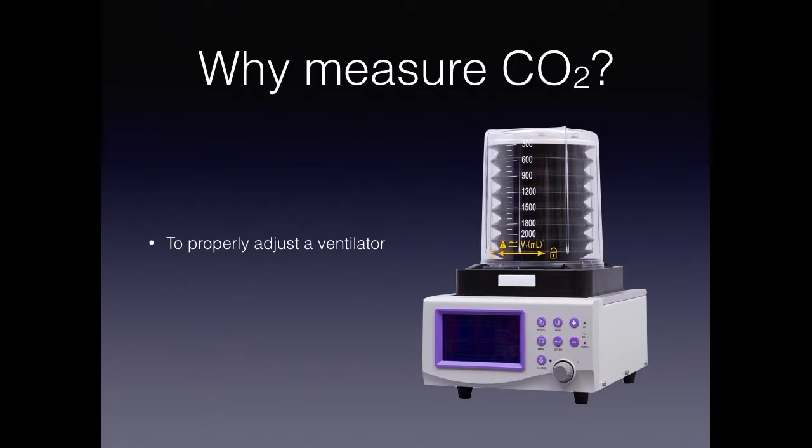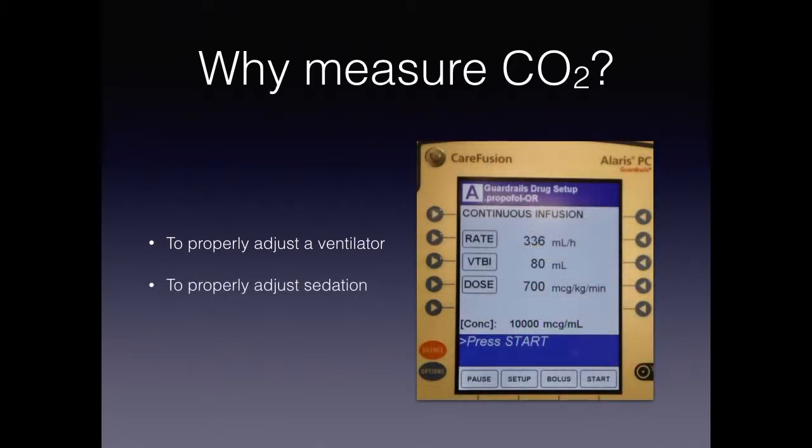It was important because the ability to detect CO2 was one of the things that took anesthesia from a mortality rate of about 1 in 10,000 down to where it is now, which is so low that it's hard to really accurately measure it. But the other thing is that we want to know CO2 because we'd like to properly adjust our sedation.